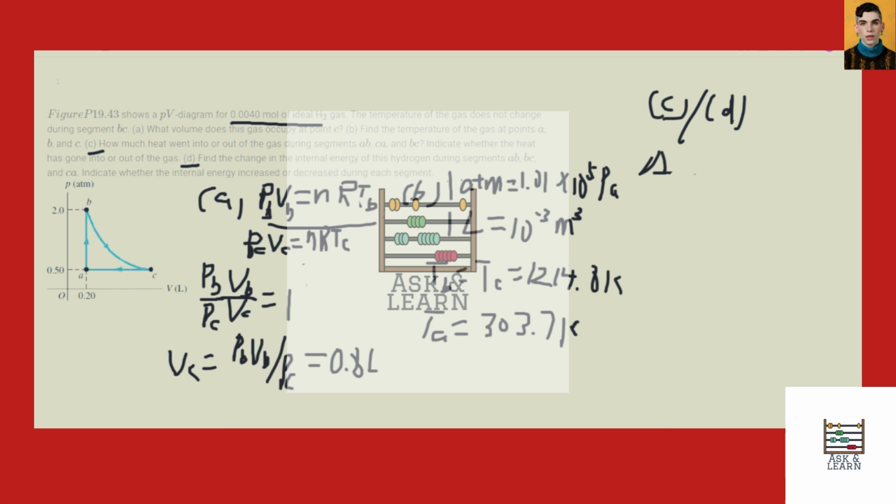For example, in process AB, the change in internal energy delta U is n times C_V times delta T. n is the amount of gas, which is 0.004 moles. C_V is the specific heat capacity of hydrogen. You can look up this number in your textbook.